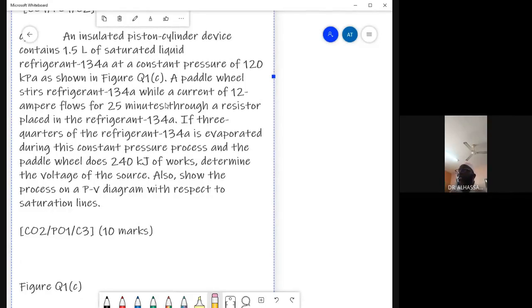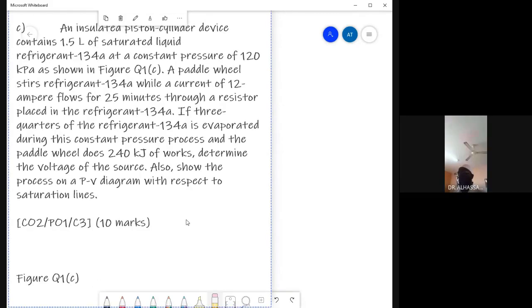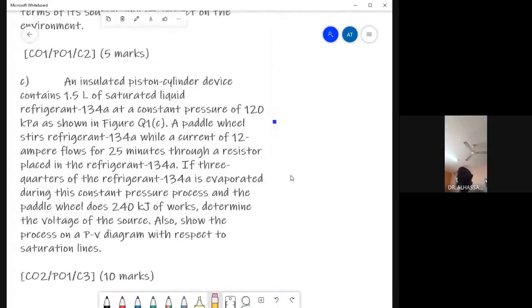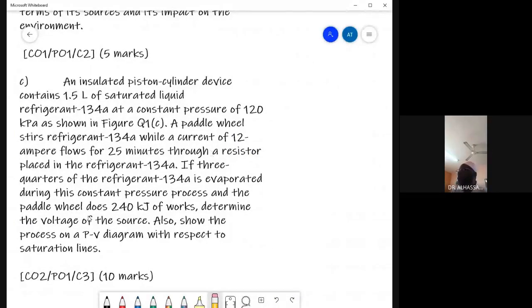The cylinder contains 1.5 liters of saturated liquid refrigerant 134A at constant pressure. So let us draw the diagram for this particular device. We have the piston like this. This is the piston cylinder.